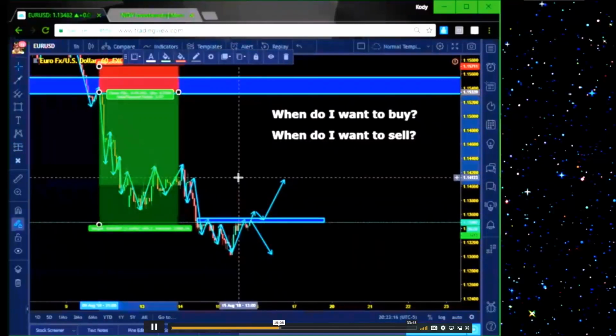What I want you guys to know is that there are times when market structure just carries on, like 500 pips, 1,000 pips, and it'll just keep riding the wave. And then there are times where you're going to want to get out at the next major level, because market structure will reverse on you.